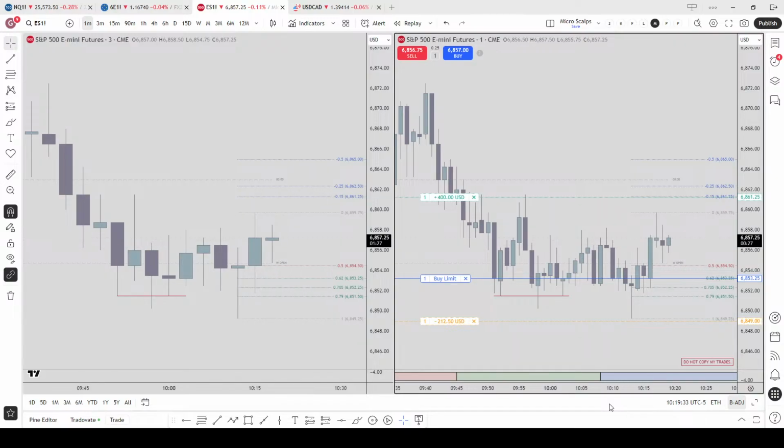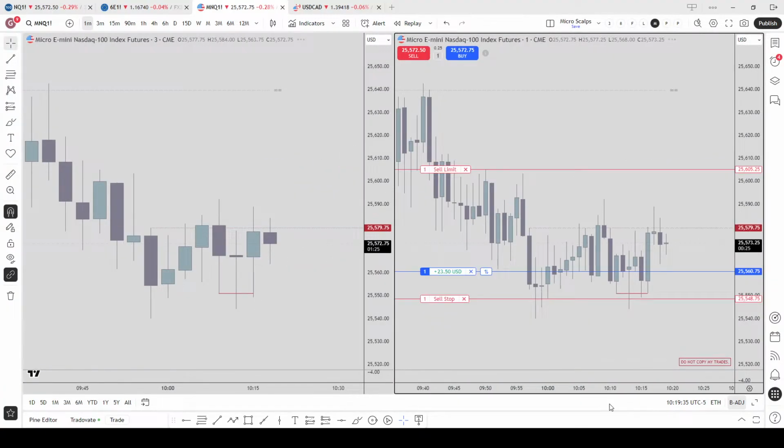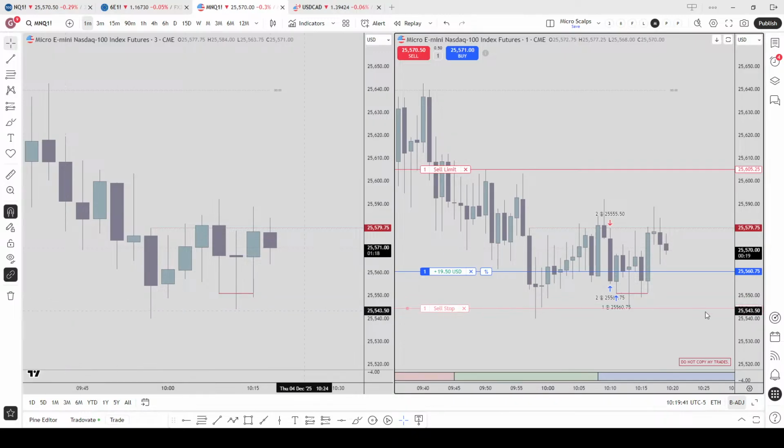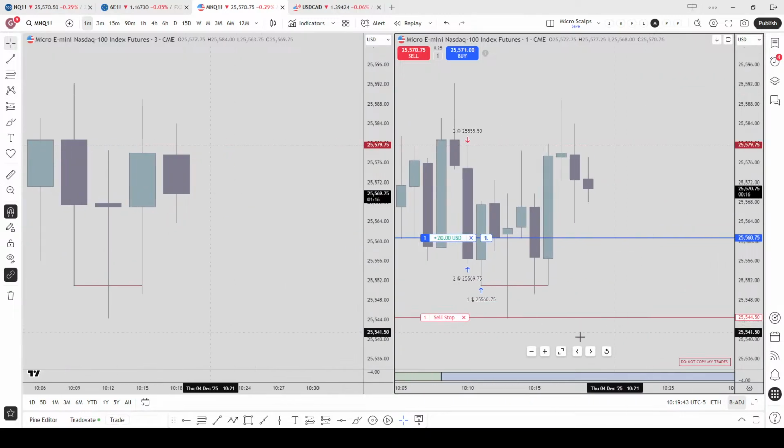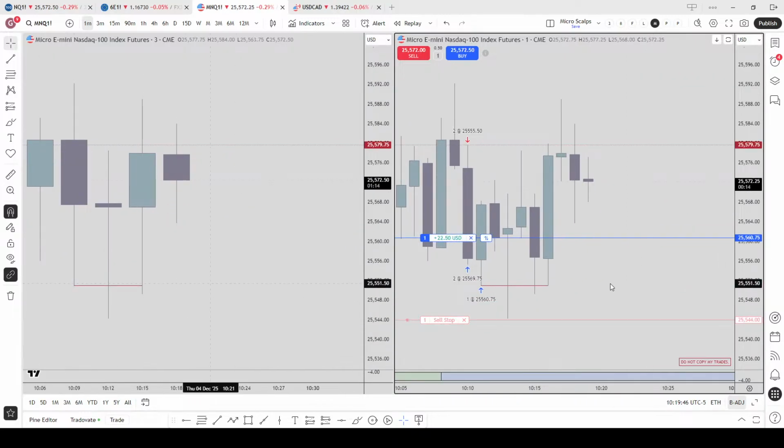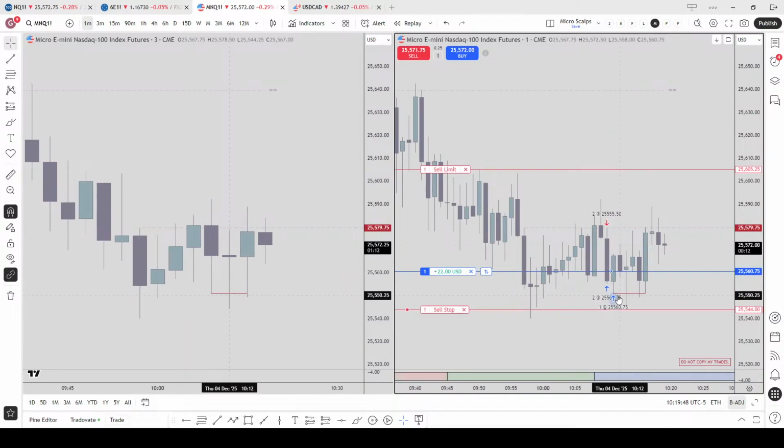Wait, let me double check the structure on MNQ. Sorry, it should be this low, not this low. Yeah, because this low was the one that tagged out this low. This just came back as the, what do you call it? Shoulders.